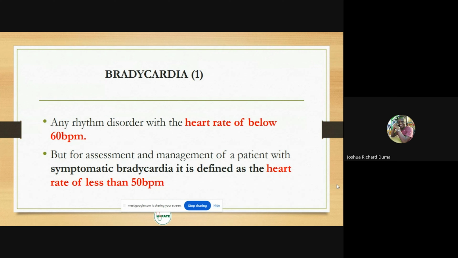For example, athletes have different kinds of maneuvers and mechanisms, and they can have a heart rate below 60 that is normal. So once you say that the patient is bradycardic, it should be symptomatic. It should show the signs of bradycardia. Clinically, if it's associated with symptoms, the heart rate has to be less than 50. Next slide.